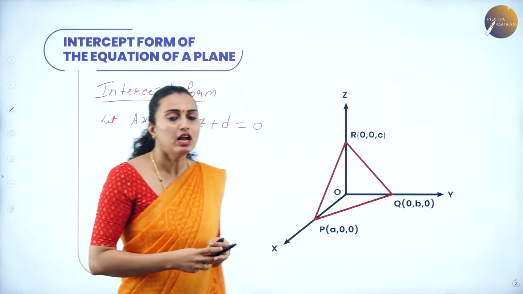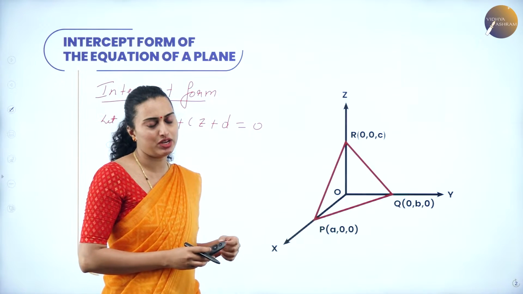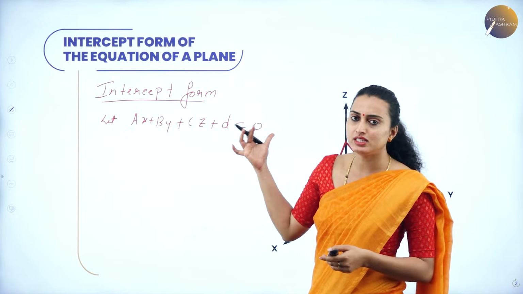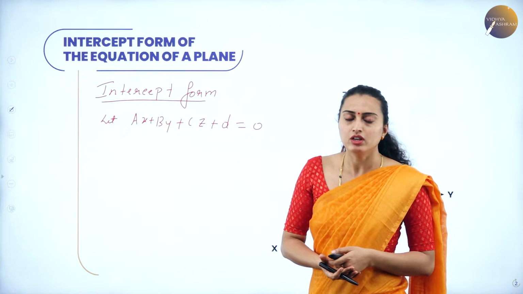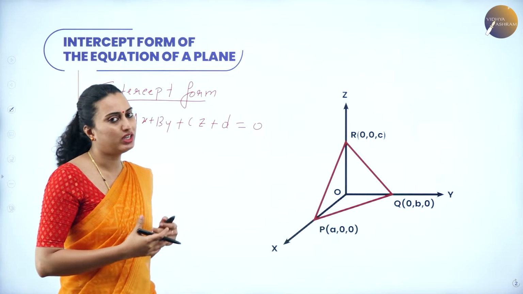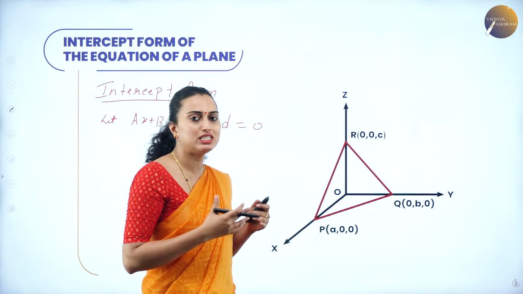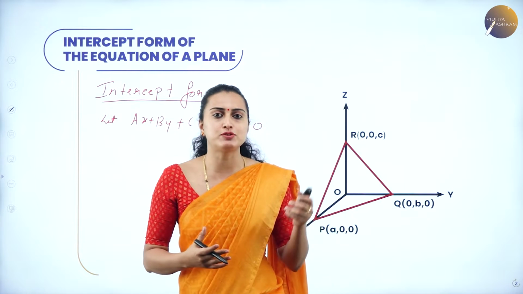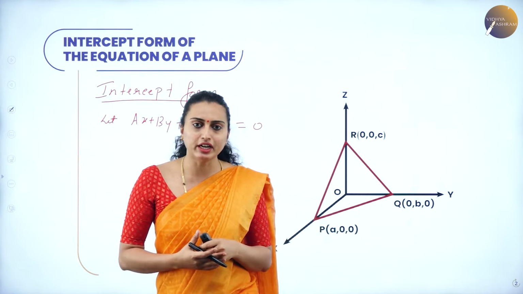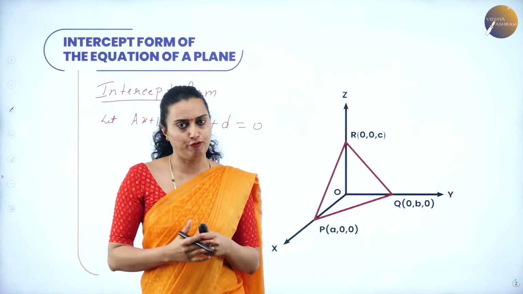So to prove that, I have taken a standard equation which is given by ax plus by plus cz plus d is equal to 0. Now here I have to find the values of what is A, what is B, what is C, okay? And then I have to substitute back in this equation, which is called the standard equation, and reduce it to the form of the intercept form.